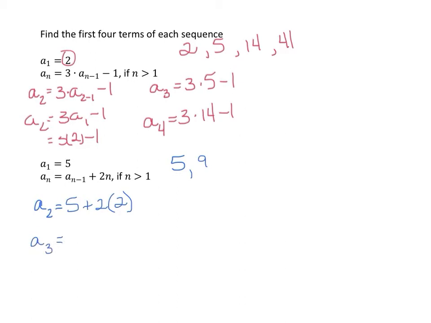A sub 3, I need to take 9 plus 2 times 3. So that's 6 plus 9 is 15. And then to find the fourth term, I need the third term, which is 15, plus 2 times 4. 15 plus 8 is 23.